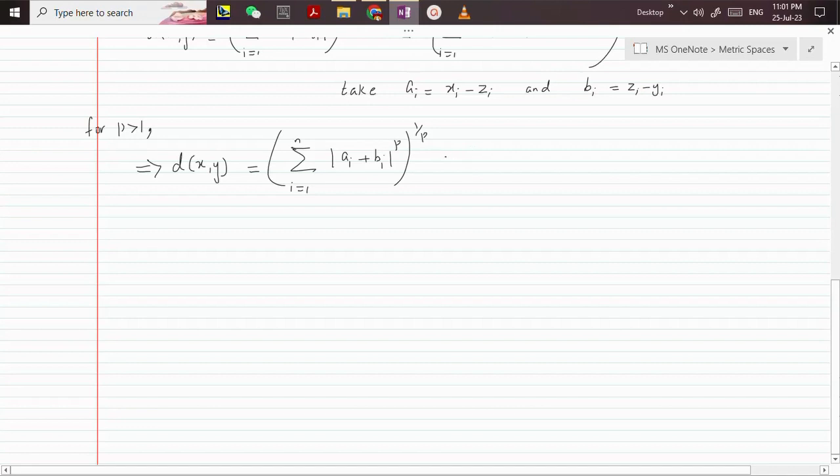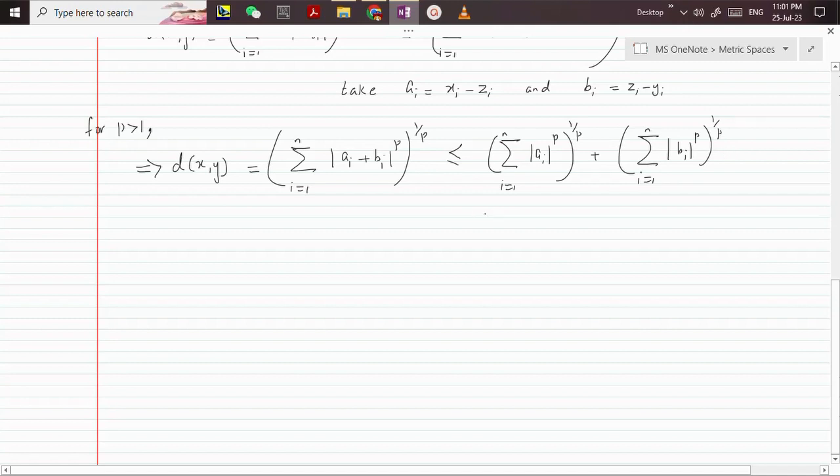So this is less than or equal to summation i from 1 to n of |ai|^p, whole power 1 by p, plus summation i from 1 to n of |bi|^p, whole power 1 by p.